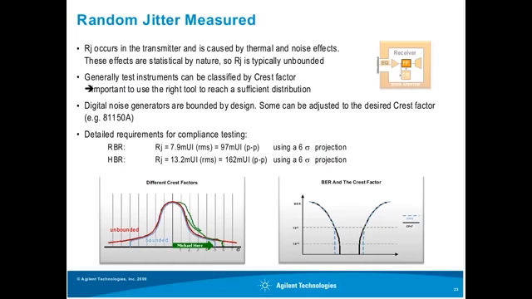It's to how many sigmas it is bounded when having a look at the Gaussian distribution. As mentioned before, for DisplayPort, this is using a 6 sigma projection. Other standards which look at a target bit error ratio of 10 to the minus 12 would be 7 sigma, for example.